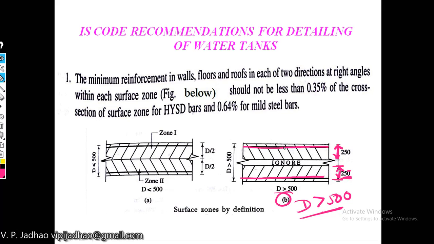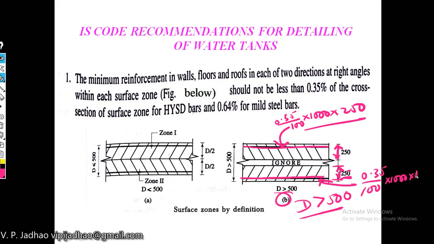Now the Ast here will be 0.35 divided by 100 multiplied by 1000 multiplied by 250. At the bottom this steel will again be 0.35 divided by 100 multiplied by 1000 multiplied by 250. So this many mm square of steel is required to be provided.